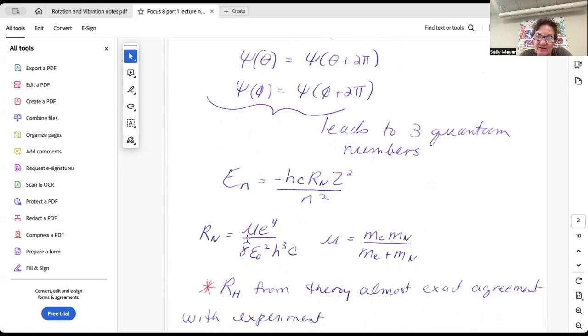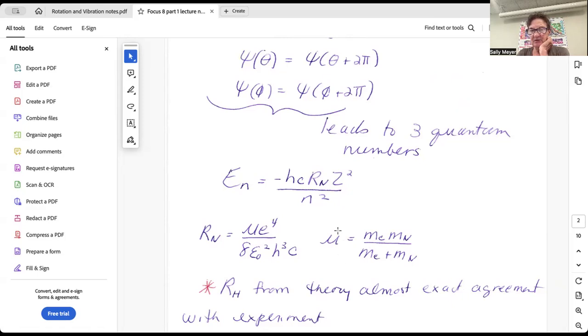So it's the relative mass of the particles that are moving relative to each other. The reduced mass in this case would be the mass of an electron times the mass of the nucleus divided by the mass of the electron plus the mass of the nucleus. If you think about it, the electron is much, much lighter than the nucleus, so the denominator is pretty much just the mass of the nucleus.